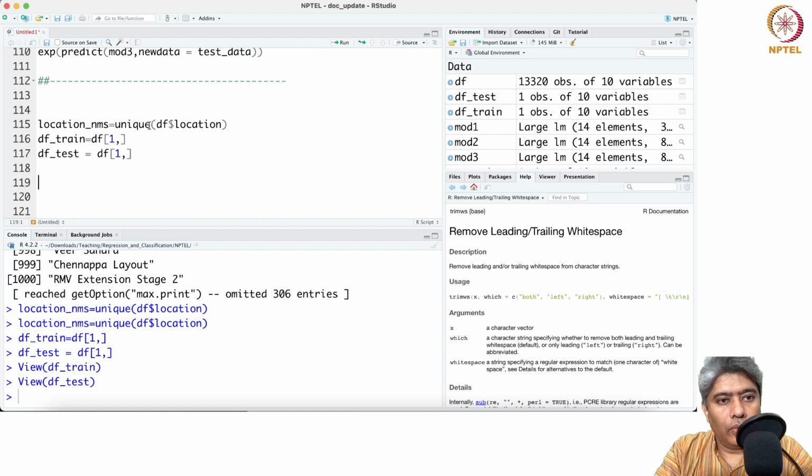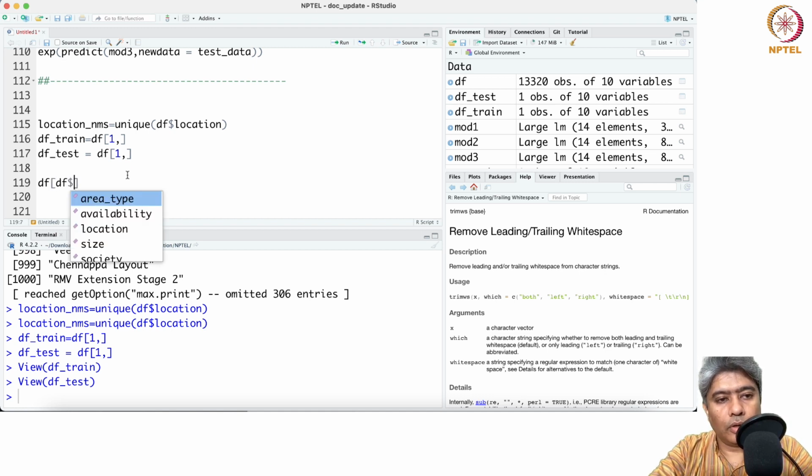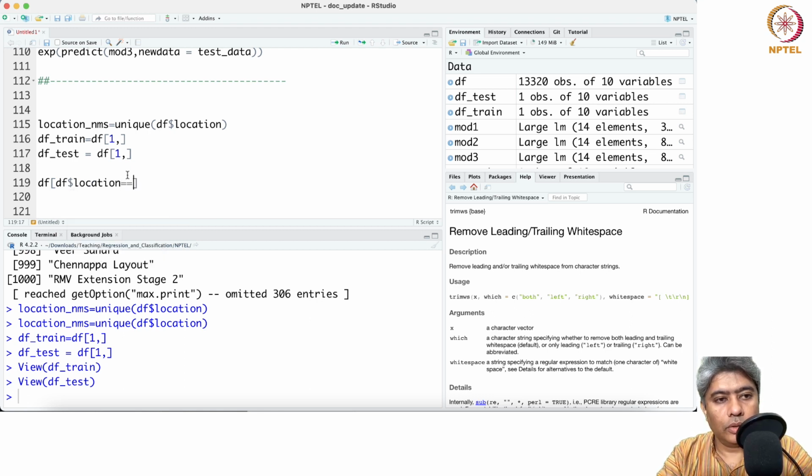Now I'm going to say df sub equal to df dollar location equal to location names.